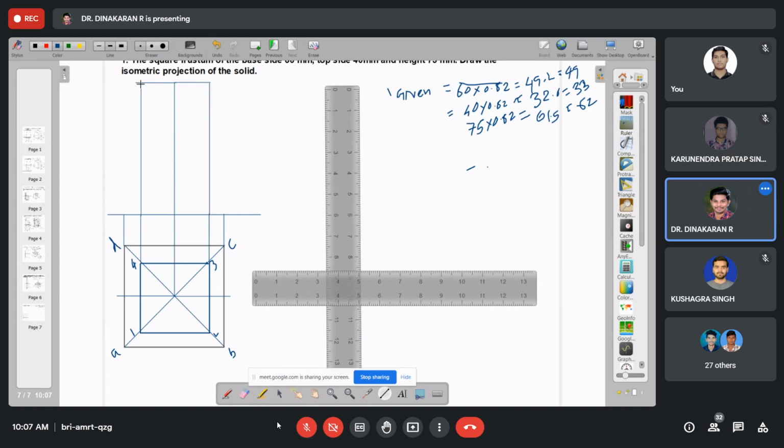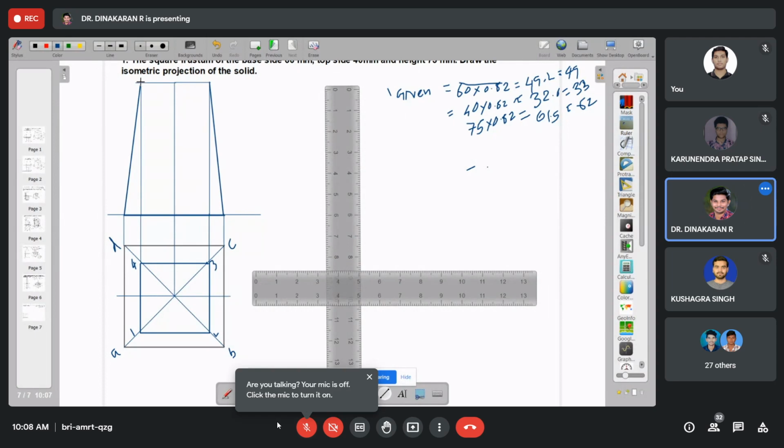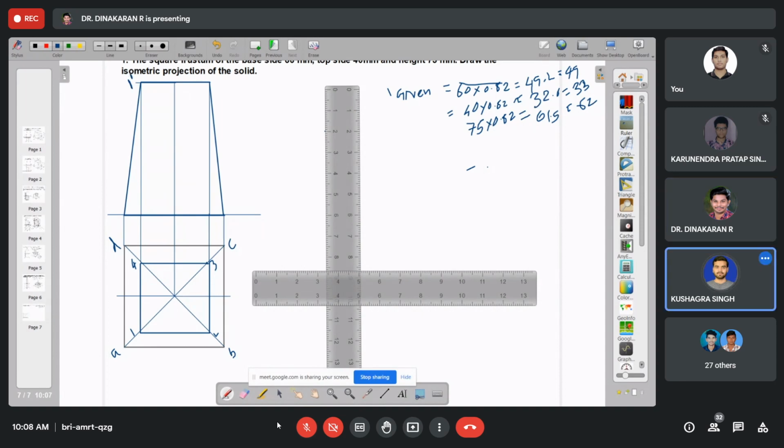This is just a point. Tell me the points you will have here. Sir, these first two diagrams are true shape. Yes, true shape.